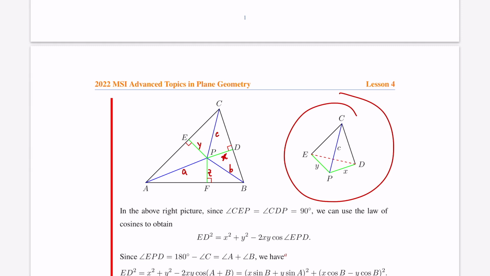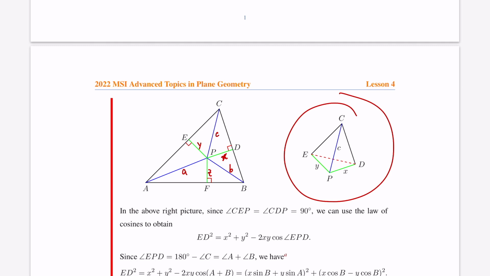Triangle ABC: the first angle is angle A, the second angle is angle B, the third angle is angle C. In our convention, the first side is not AB. It's actually BC, because the opposite angle of BC is angle A. Then CA, because its opposite angle is B, and then AB.